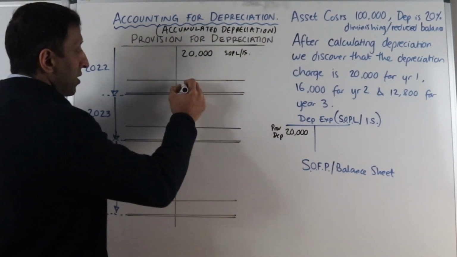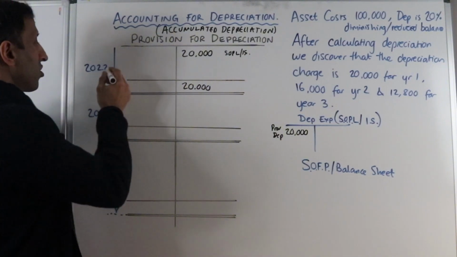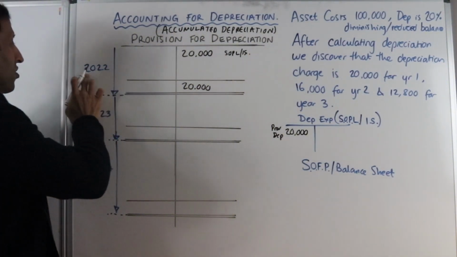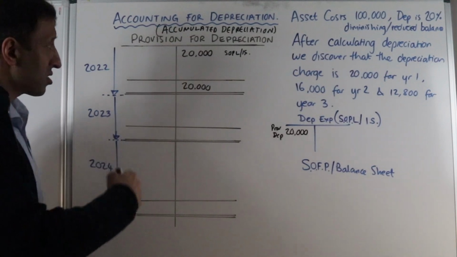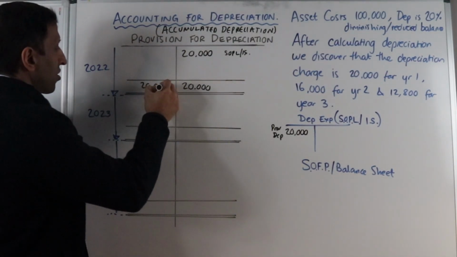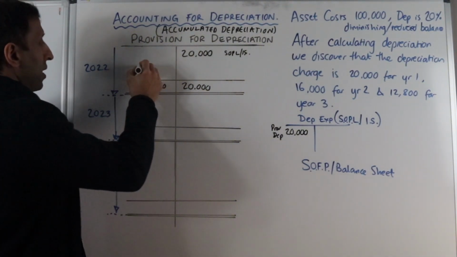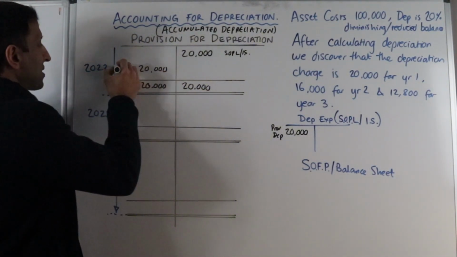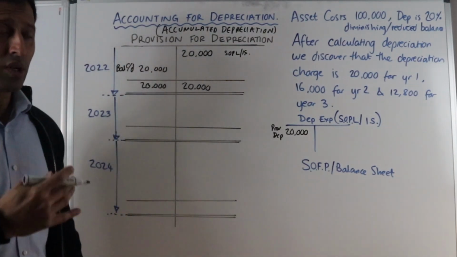And so we put the total into the totals at the end of the year. So assuming the first year of ownership is 2022 and we buy the asset at the beginning of that year, we've depreciated for one full year. And then the total on this side as well, we use the larger total on both sides. We work out the missing number here, 20,000, and that's the balance on this account that we are going to carry down into any future year.